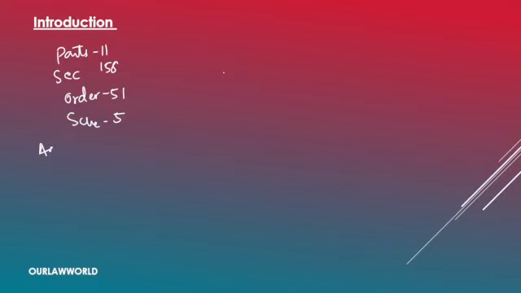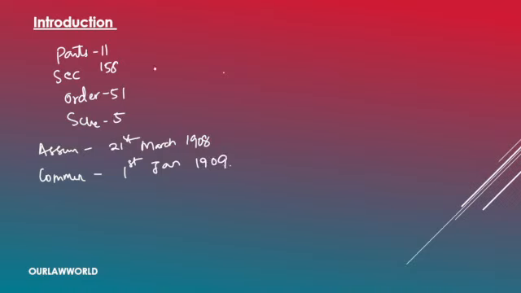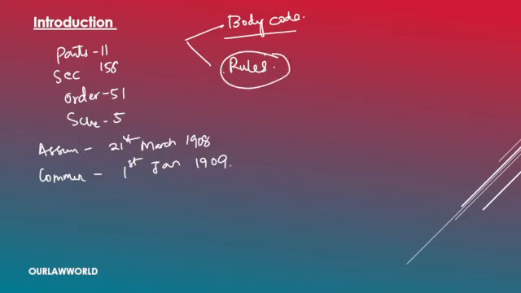The assented date is 21st March 1908, whereas the commenced date is 1st January 1909. CPC is divided into two parts: one is the body of the code, the other is the rules. The body of the code prevails over the rules.